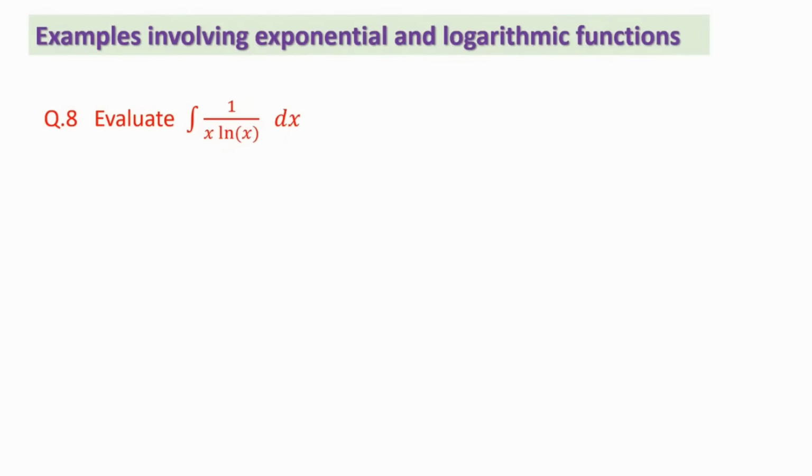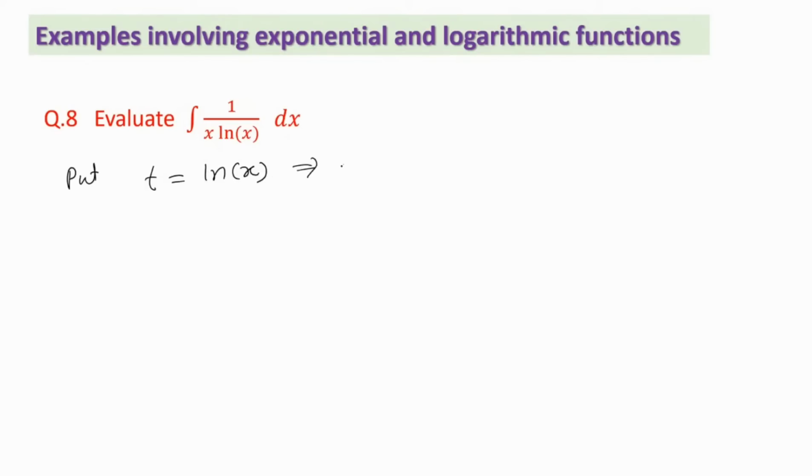Here, evaluate the integral of 1 over x ln x dx. So we need to substitute, but we don't know the integration of ln x. We don't know anything about the antiderivative of ln x. So therefore first we'll reduce that one, and for that we'll put t is equal to ln x.